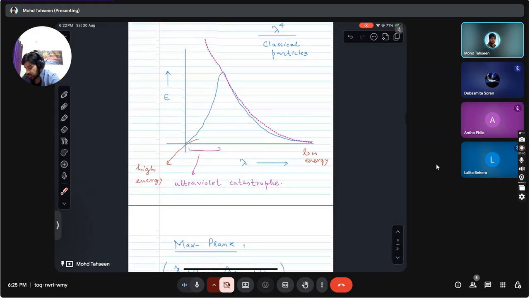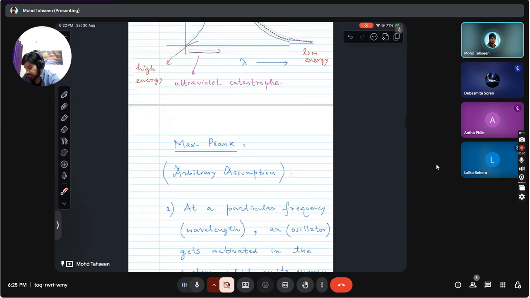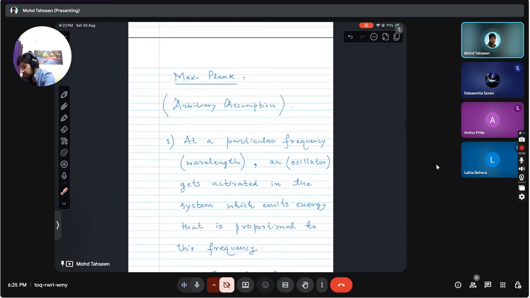Now, this basically laid the stone for quantum mechanics, and Max Planck. There was a mistake in this spelling which Lalita pointed out last time. It is P-L-A-N-C-K, Max Planck.